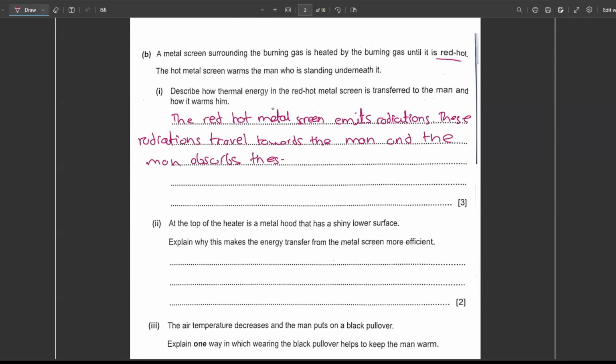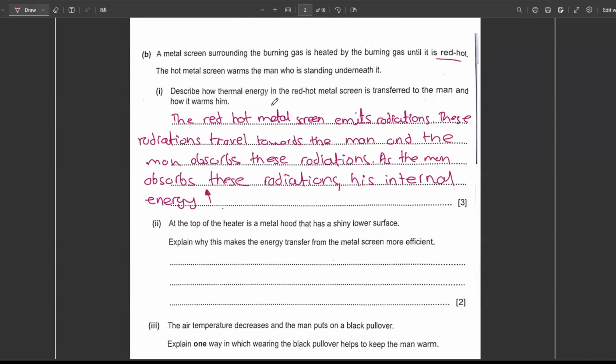Last point. As the man absorbs these radiations, what happens? His internal energy increases. Simple. Let's further move ahead.